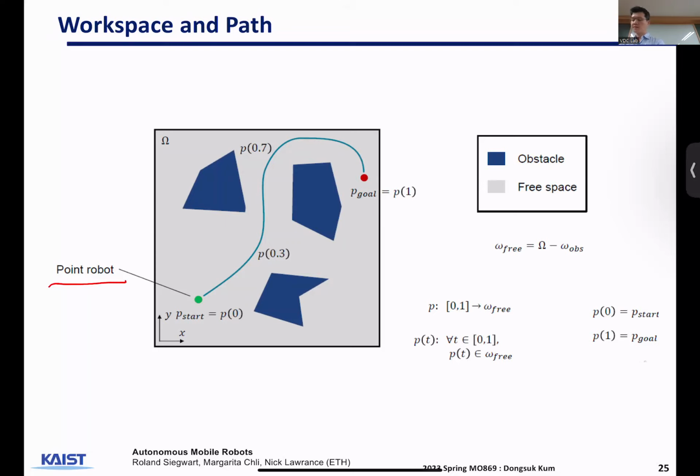And then we have the path we want to plan. We have a starting point, we have a goal point, and then p(t) represents the position of the robot at time t. So these are the notations and space representation that we are going to deal with.